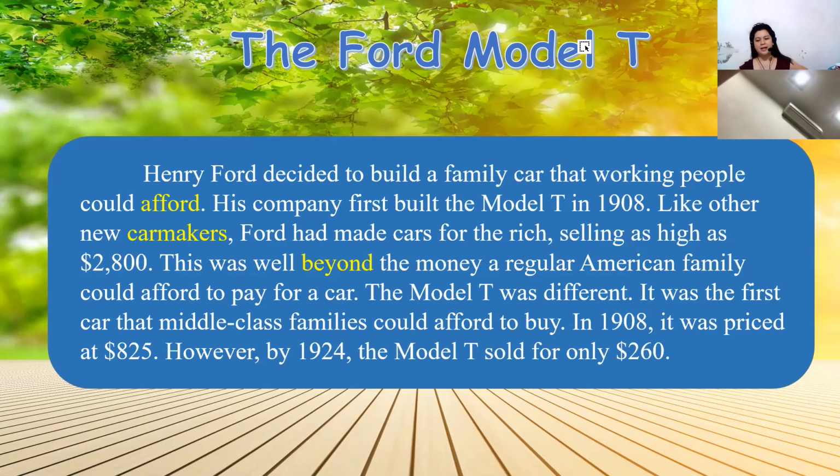And what is the price of the Model T in 1908? $825. All right. And by the year 1924, what is the price of the Model T? Only $260. Okay, good job. Now, let's proceed to the next paragraph.